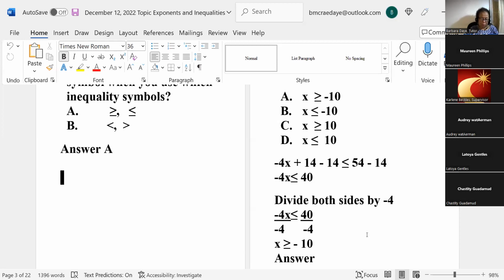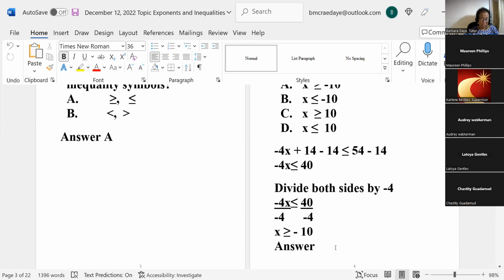Yes, you had B, and that was incorrect. It should be A. You forgot to reverse your symbol. All right. Should be A.